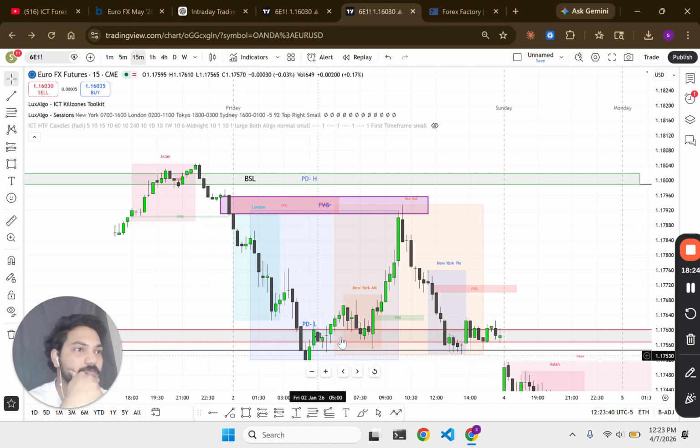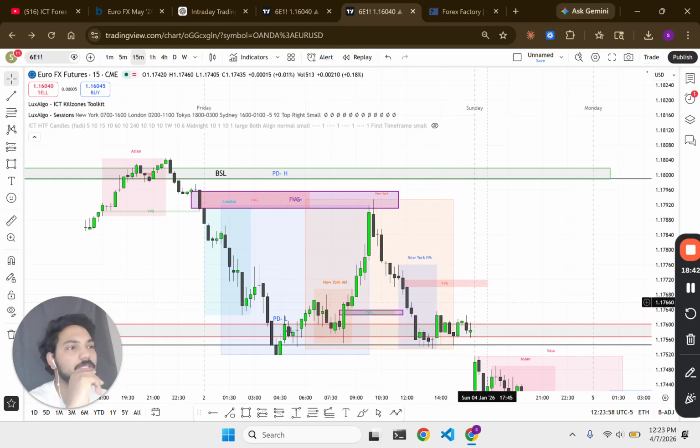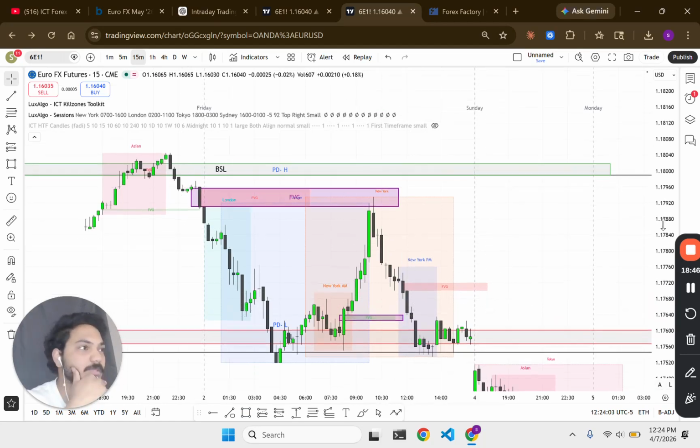Here is a fair value gap here as well. I think most of you know how fair value gaps and order blocks work and how they can be drawn. Let me explain it here as per my understanding.